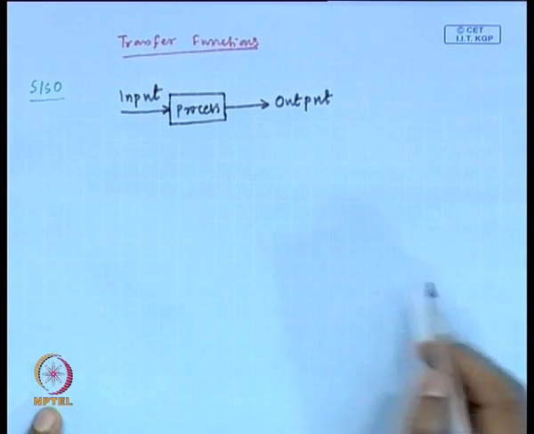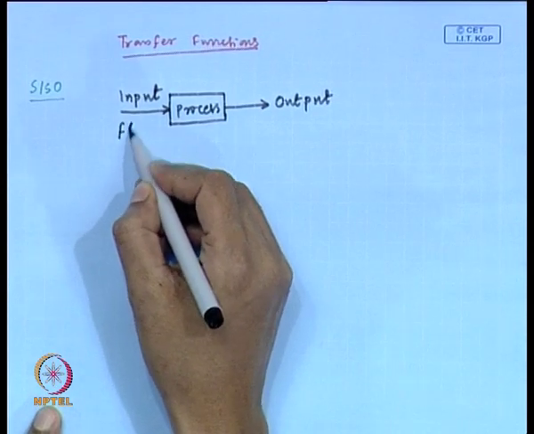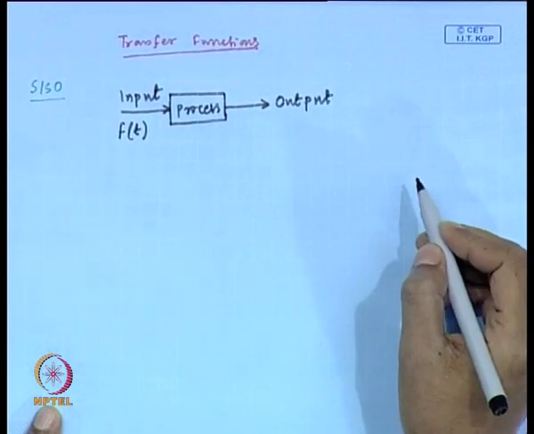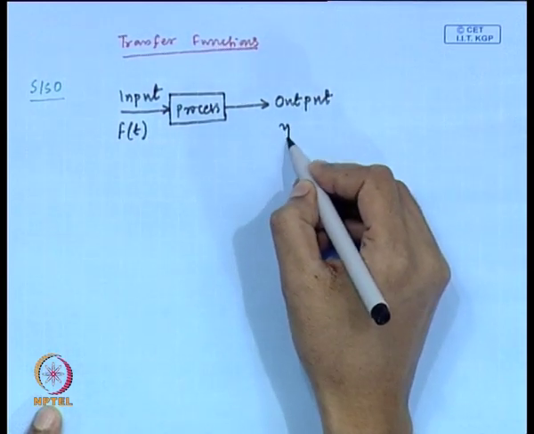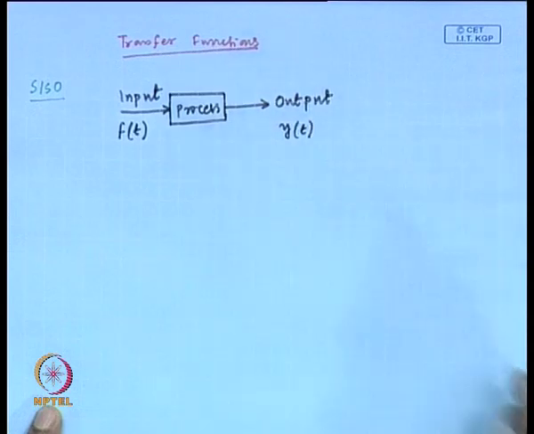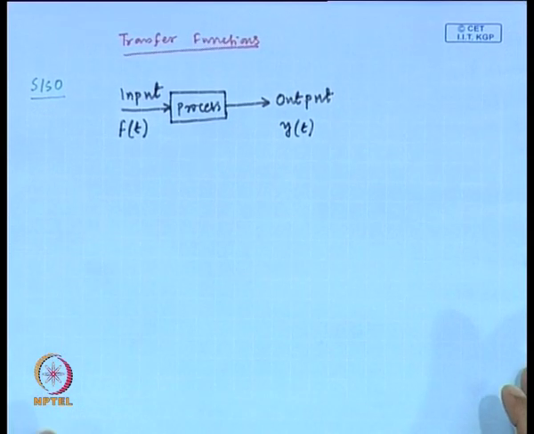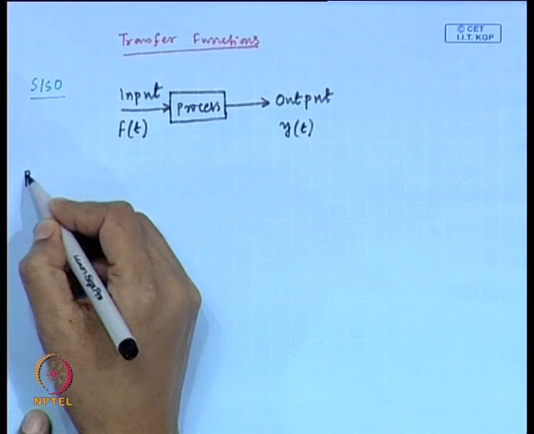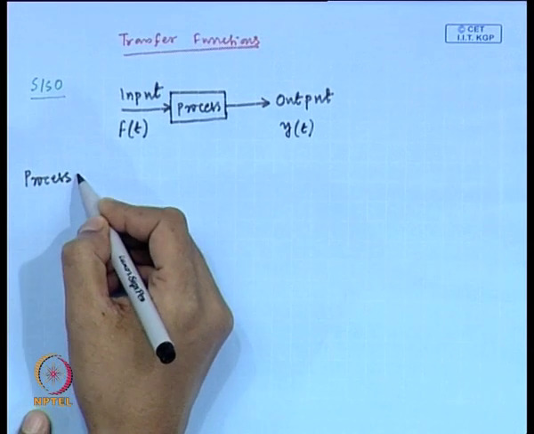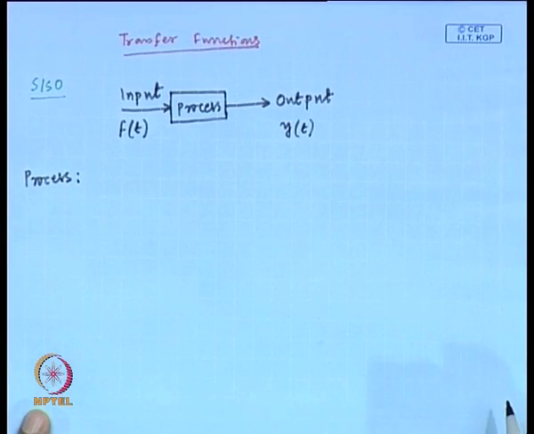We have represented the input by f(t) and output by y(t), and the process is modeled by an nth order linear or linearized nonlinear equation.